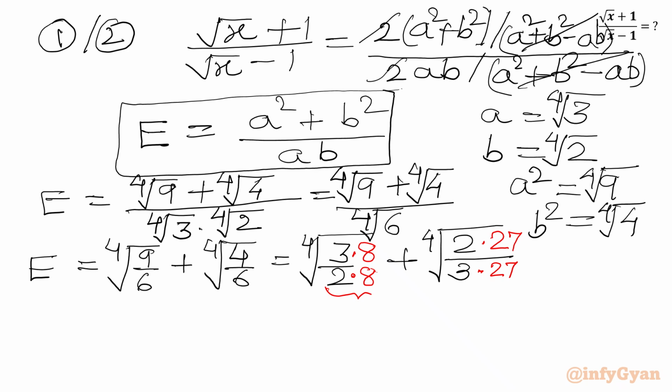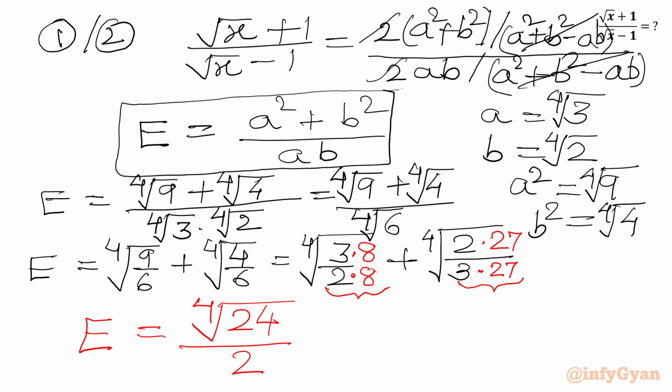Now 2 times 8 is 16. 4th root of 16 is 2. 3 times 27 is 81. 4th root of 81 is 3. So we can write our final answer as 4th root of 24 over 2 plus 4th root of 54 over 3.